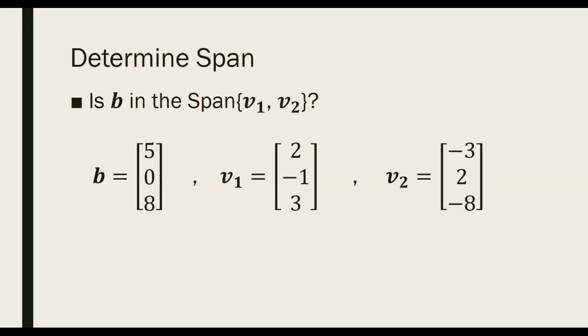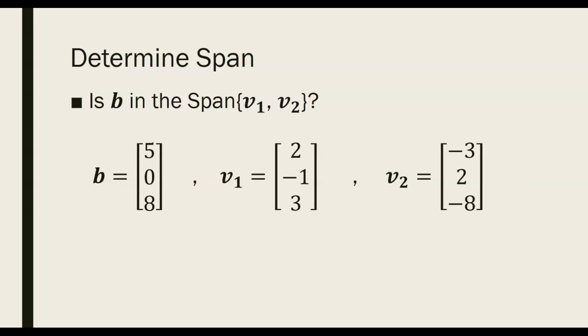And so a typical problem would be to ask this: is b in the span of v1 and v2? Now, this is actually conceptually the exact same thing. They're different vectors, but conceptually, this is the same as asking, is b a linear combination of v1 and v2?